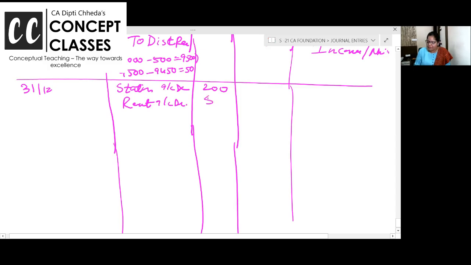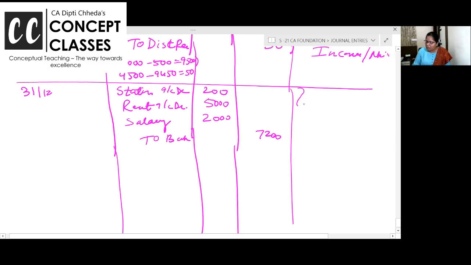Rent account, debit 5,000. Salary, debit 2,000. To bank 7,200. I want to repeat, all these are nominal accounts.